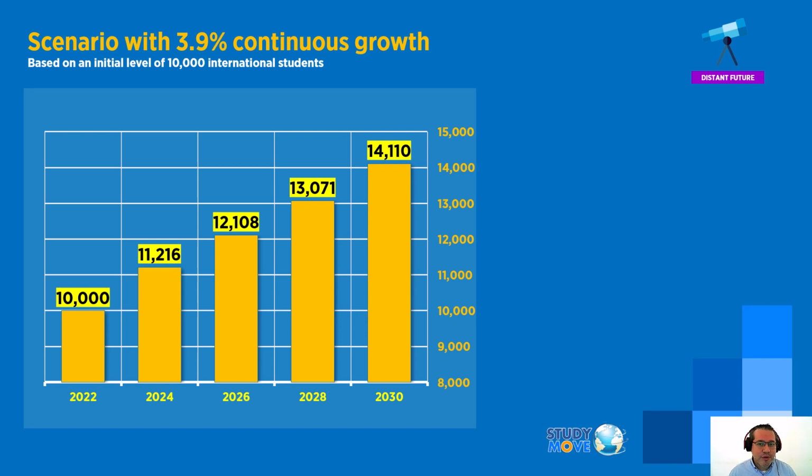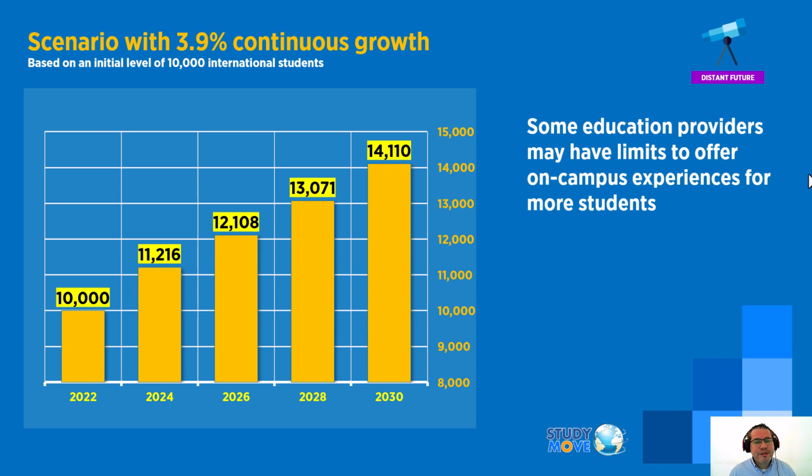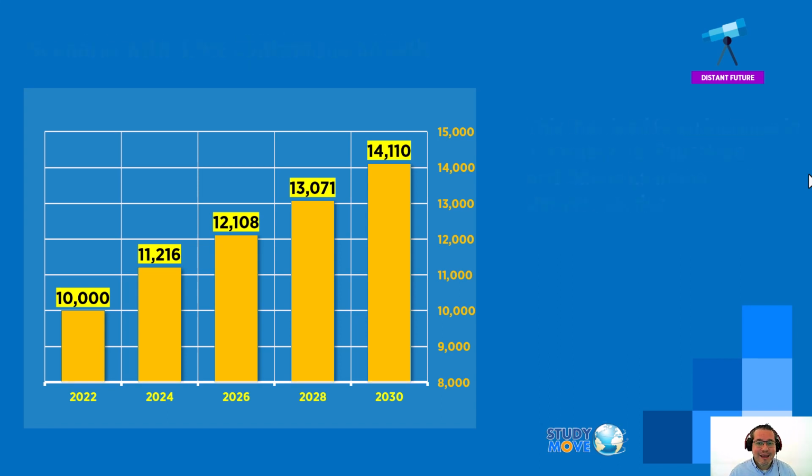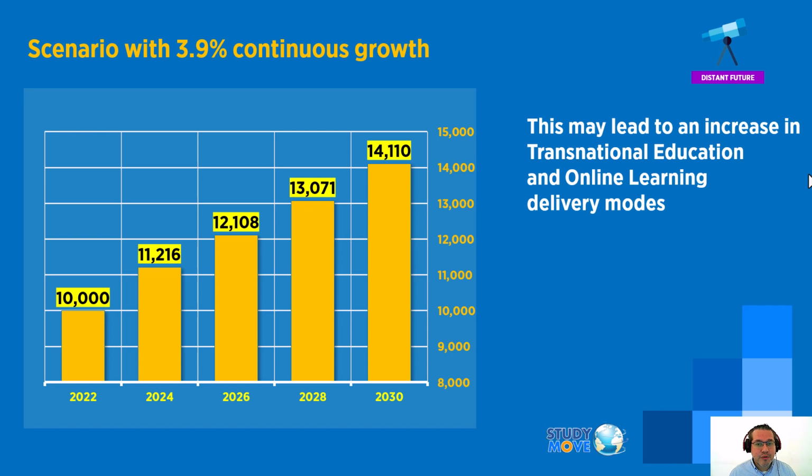I think that some institutions will probably be able to cater for that increase in demand, but some of them will start reaching the limit. And this is when we may see other delivery modes take a more important role. Of course, I'm thinking that some education providers will be considering even more the engagement through transnational education models and online learning.